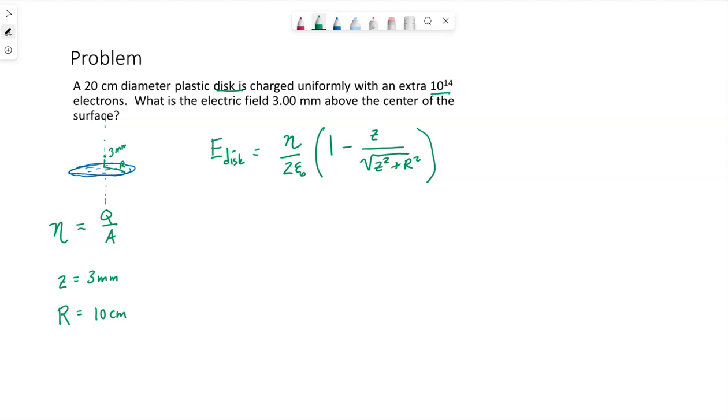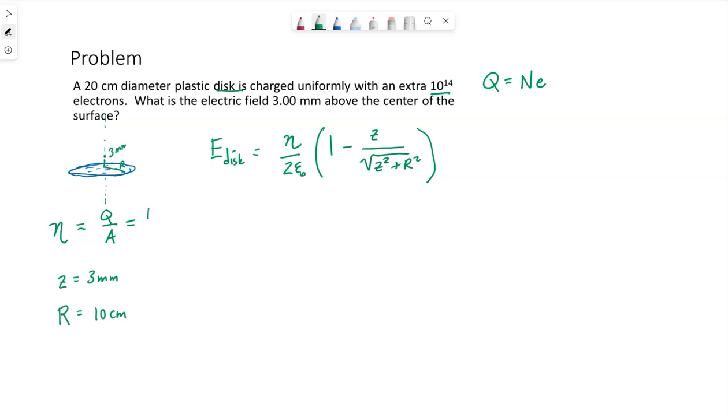Now this disk has an extra 10 to the 14th electrons. So the charge on the disk is going to be this number of electrons times the fundamental unit of charge, the charge on one electron. So that's going to come into play here in finding this surface charge density.